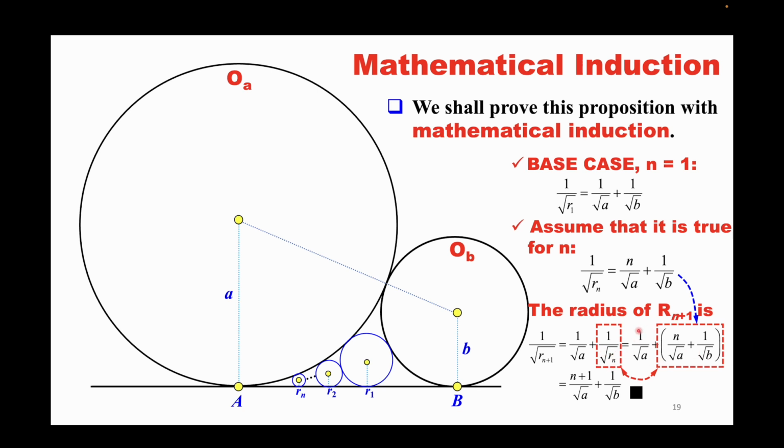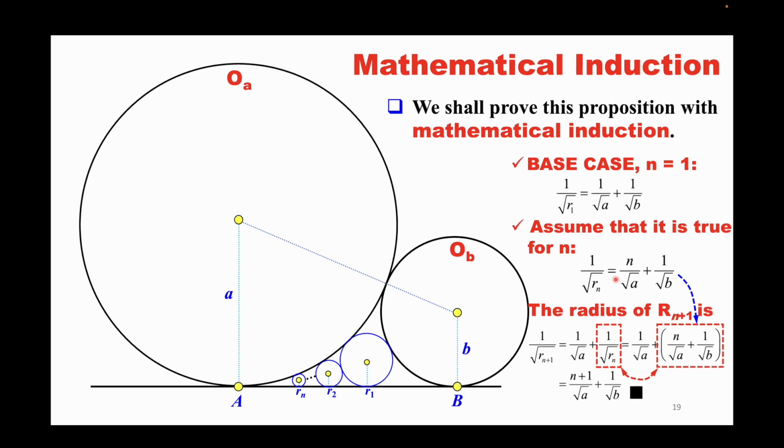So we add these two terms together. We have this. Look at here. n plus 1, n plus 1. Therefore, our assumption holds for whatever the value of n is.